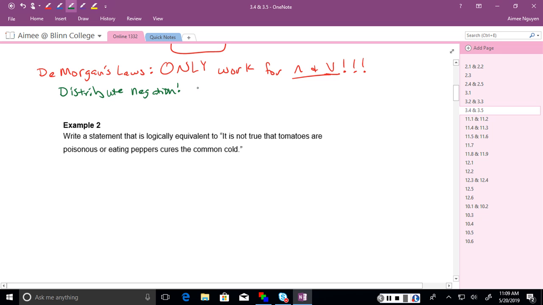So give the negation to all variables and flip the sign between.